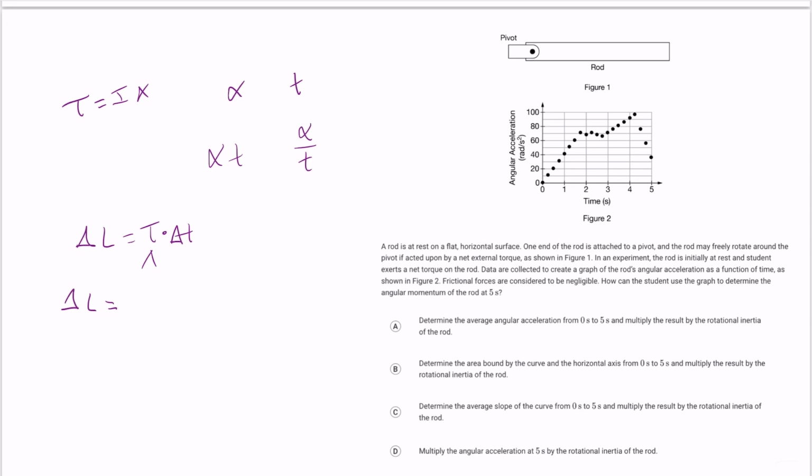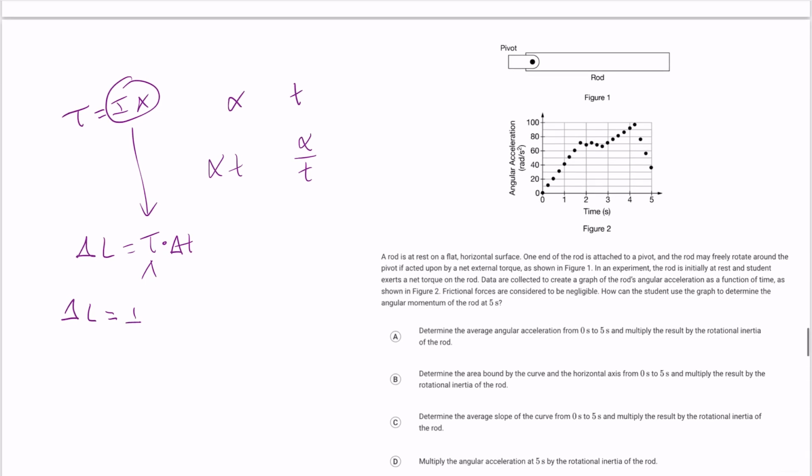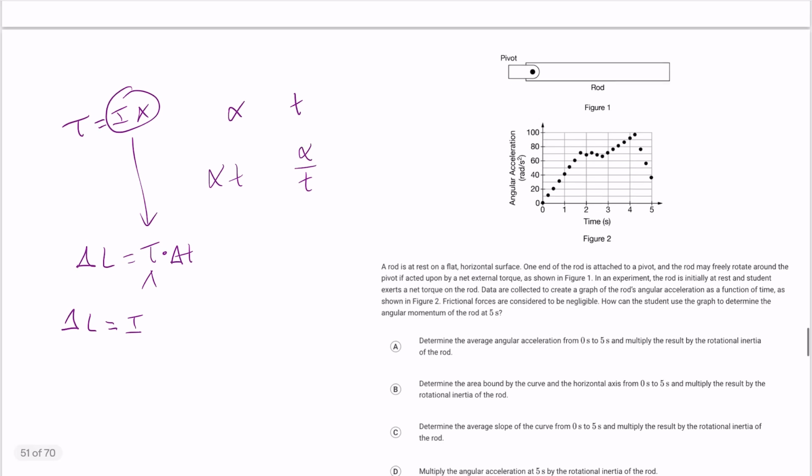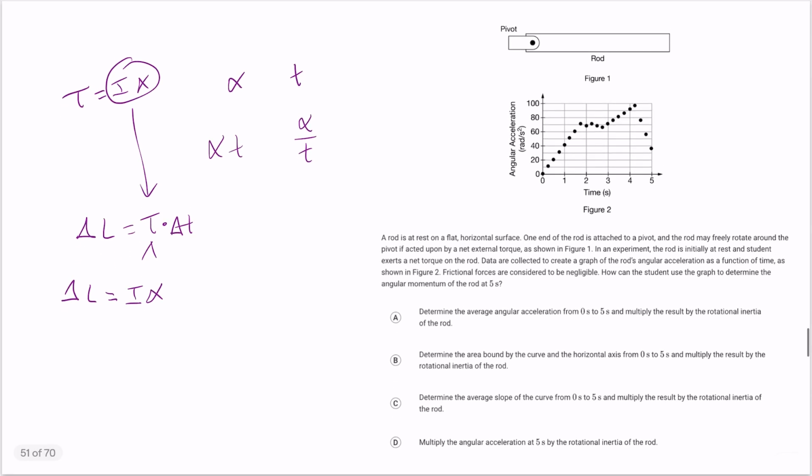So I can plug this in for torque and say that impulse is equal to moment of inertia times angular acceleration times delta t. So over here, I said, if we're finding the area underneath this curve, it's kind of like taking acceleration and multiplying it by delta t.